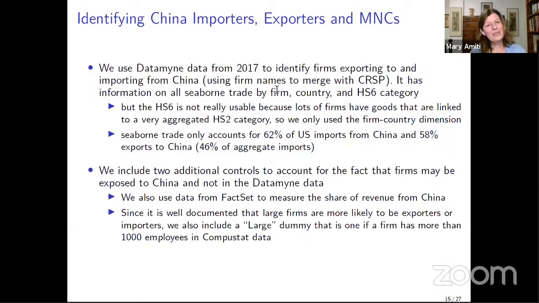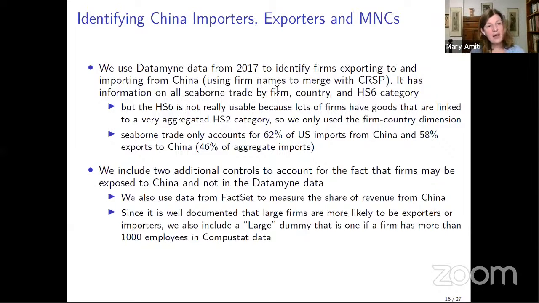Seaborne trade accounts for 62% of US imports from China and 58% of exports, so there may be some importers and exporters that we would miss if we just used this dummy. In addition, on the exporter side, FactSet has a variable that tells you the share of the firm's revenue that comes from China.